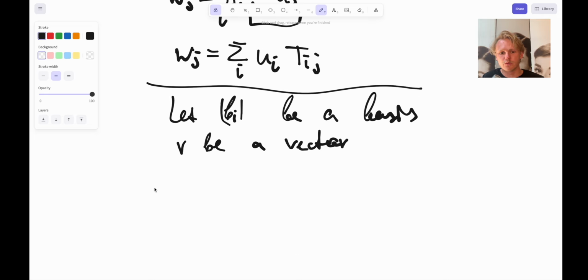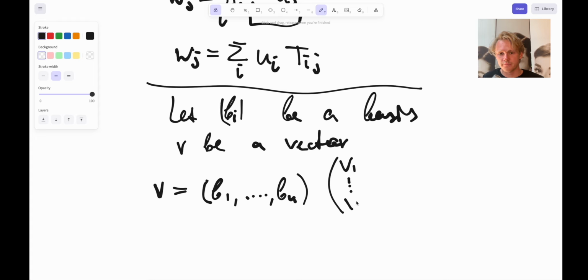Then we can write V as a row B multiplied by a column of coordinates, right? Here the convention of multiplication of row by column works. And what you get, if you do it, is a sum of bj times vj, a sum over j.